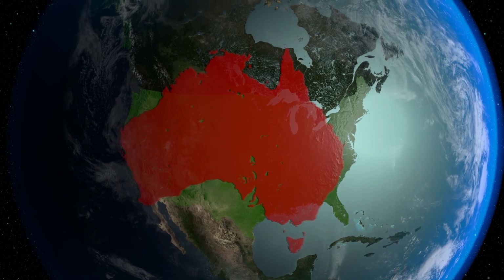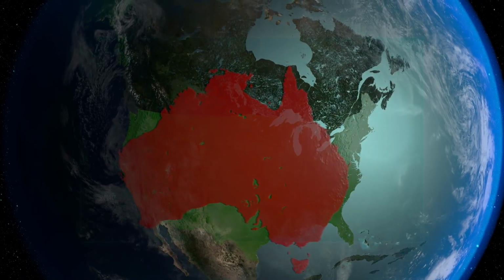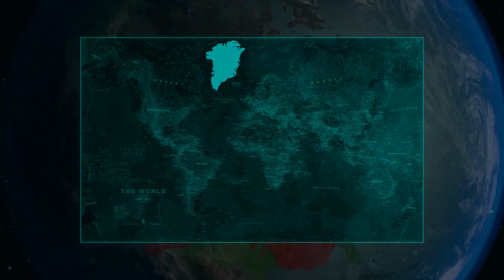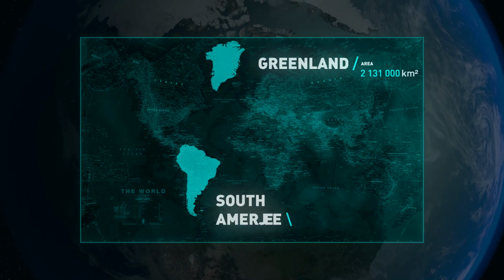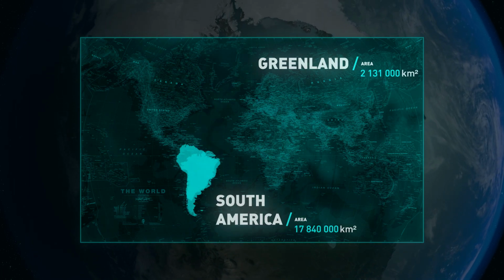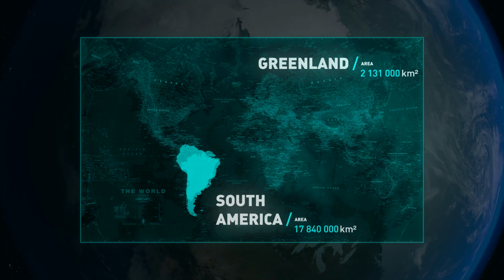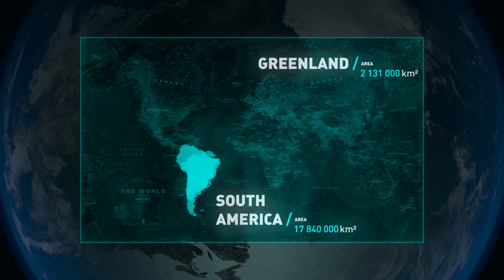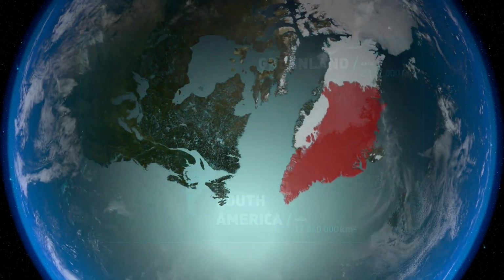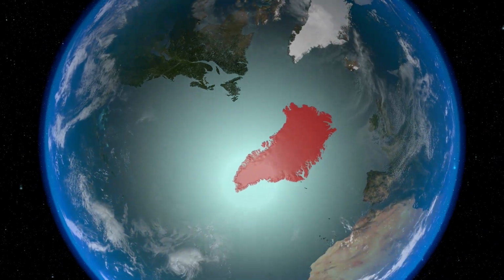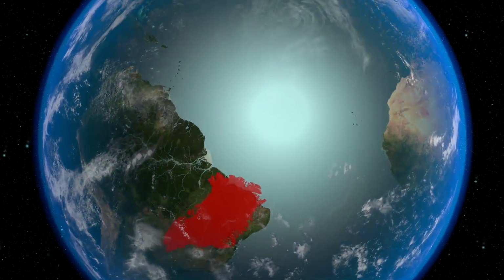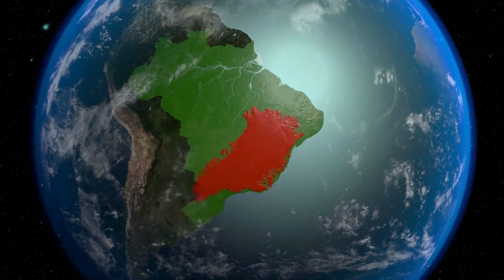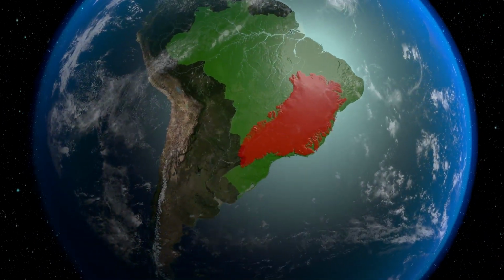Let's move north to Greenland. This island on the map seems to be gigantic. If we transfer it to South America, we will see that it occupies almost all of its territory. However, if we do the same thing on the globe, we will be surprised to note that Greenland occupies only 1/7 of the continent, less than half of Brazil.